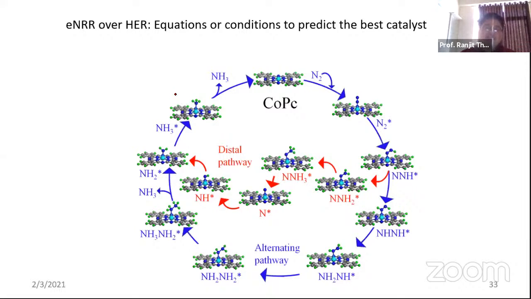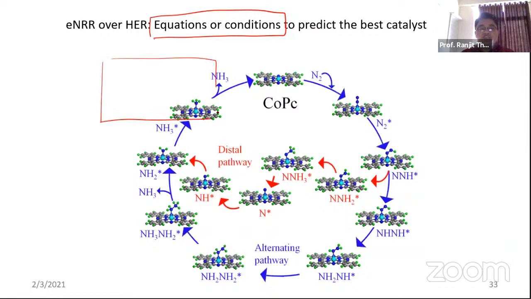But scientists have been reporting in the last 5 to 10 years that electrocatalytic NRR could be a very good route. But fundamentally everyone is doing it randomly. So we want to define an equation and condition which will predict, out of a lot of space, in which area you can easily find the materials.